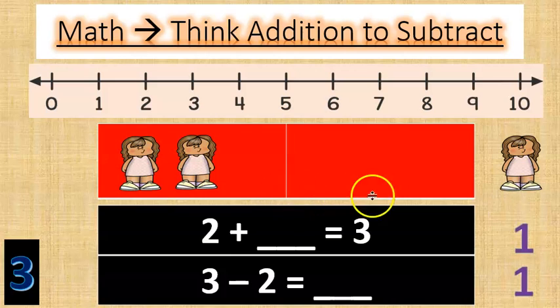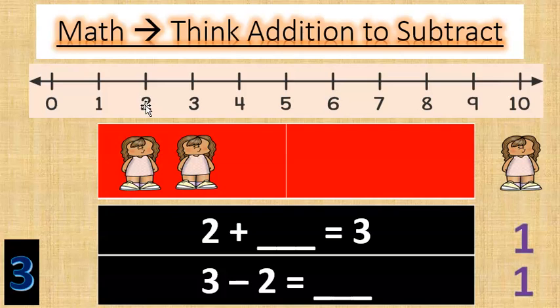We do not know how many girls go in here because we need to use the number line to help us. Okay? Now, we're going to start here. What number is this? 2. So boys and girls, let's find 2, okay? Watch. 2 right here. We found it. Number 2, okay?